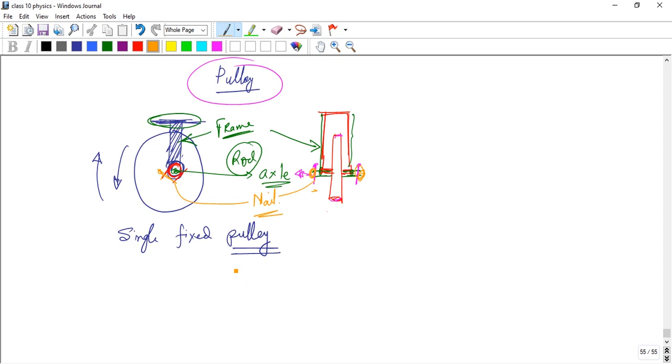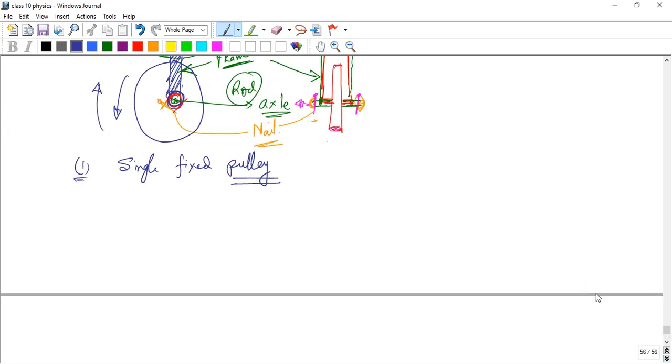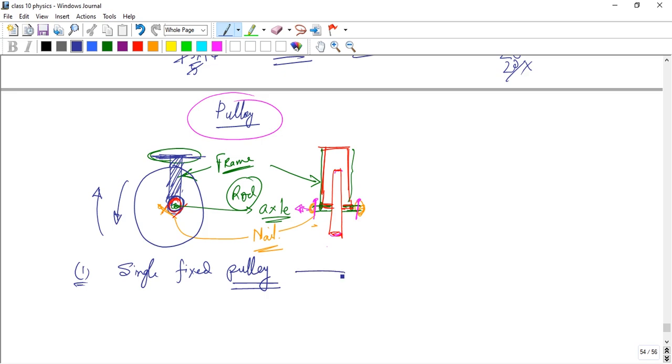So here we discuss the pulley in two ways: the single fixed pulley and the single movable pulley. First, the single fixed pulley. What is the meaning of fixed pulley? If I draw the pulley here, that is a frame, a rigid support.